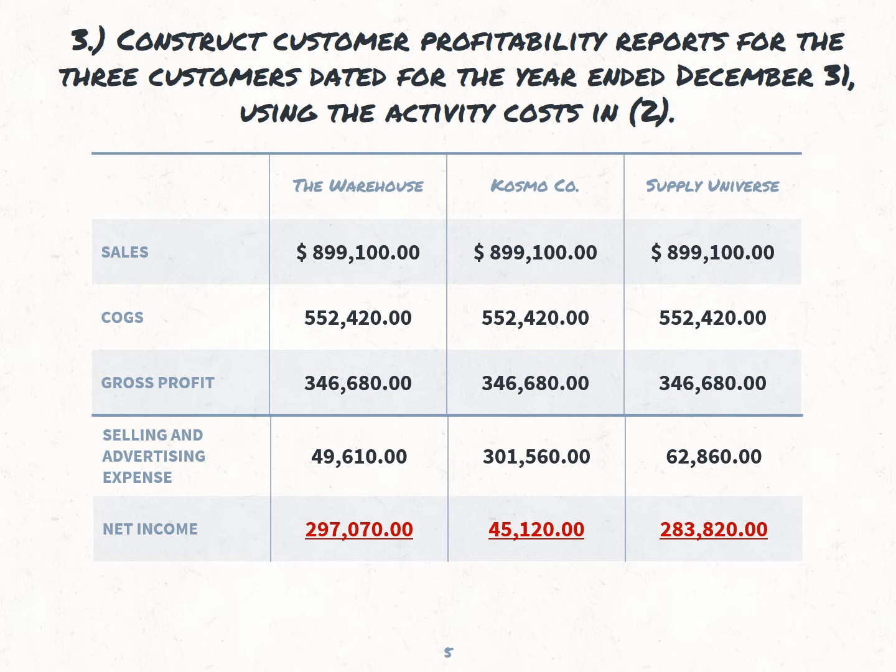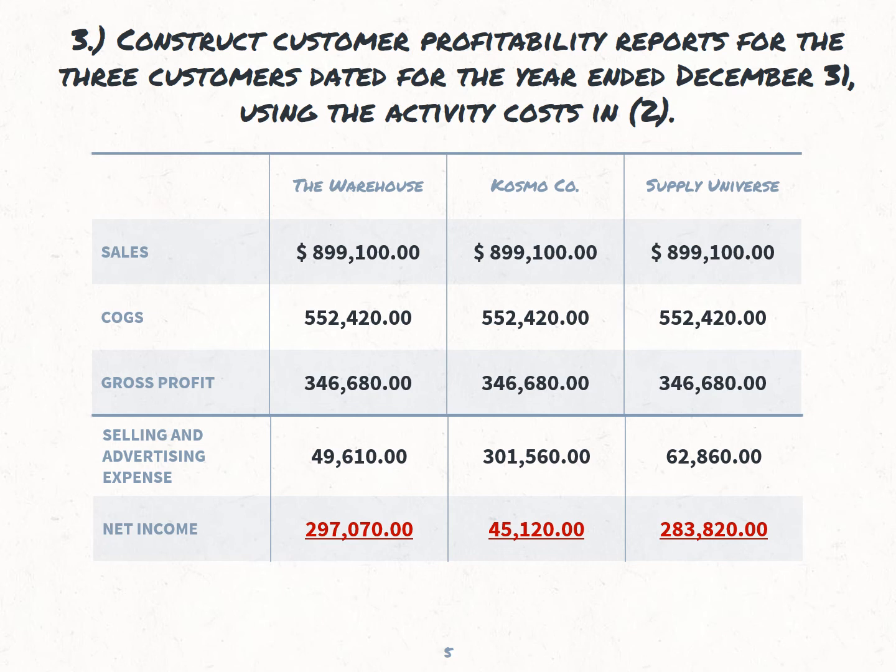Same with the cost of goods sold amounting to $682 per unit multiplied by the unit volume of 810, total of $552,420, same for all 3 customers, with a gross profit of $346,680, which is the same for all 3 customers since they have the same unit volume.